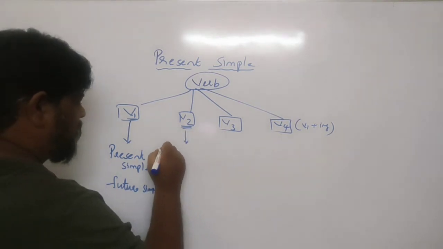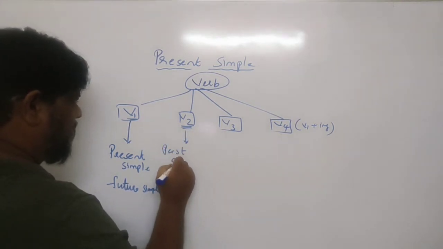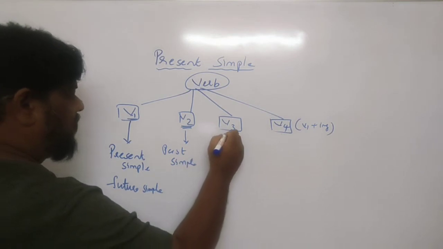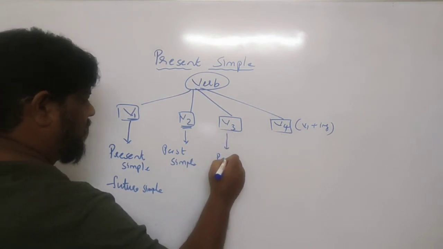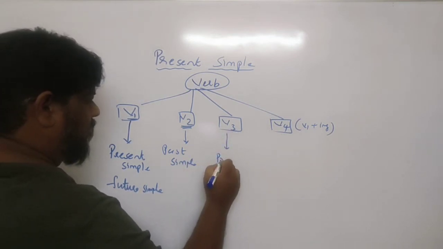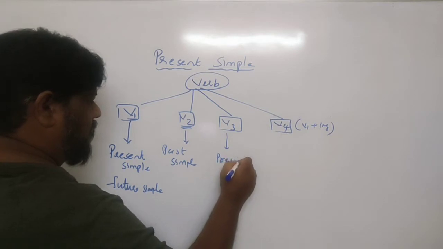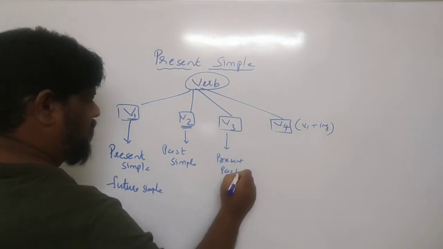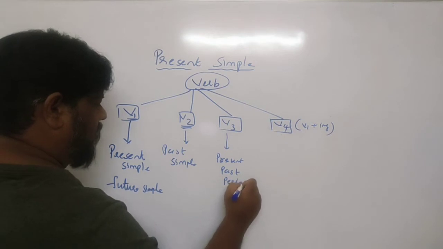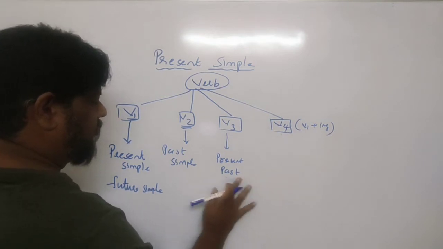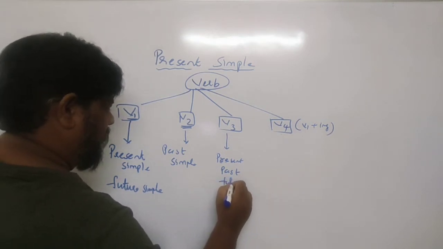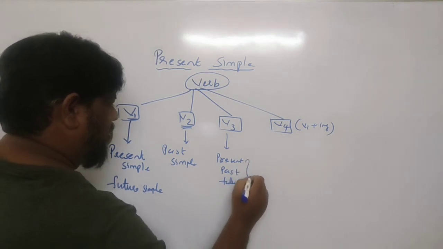V2 will be used with the past simple. V3 will be used with the present, past, future perfect.